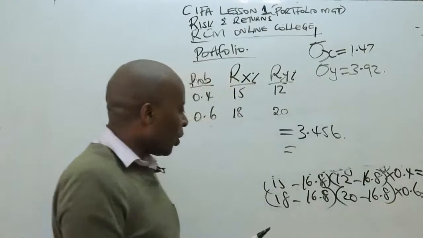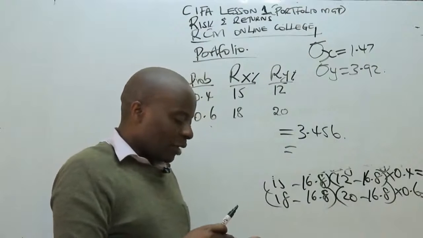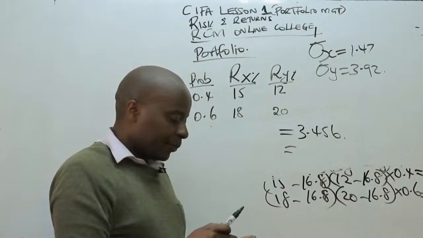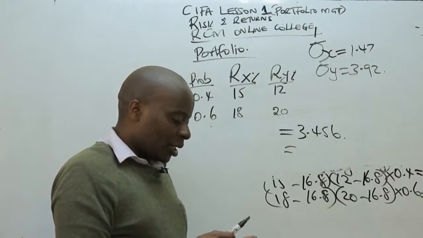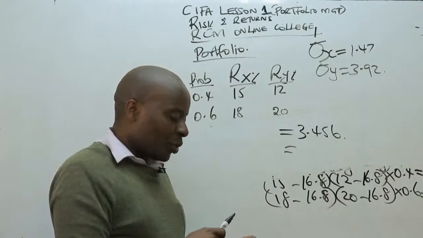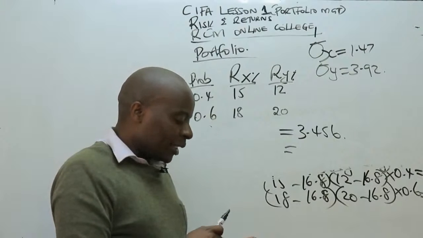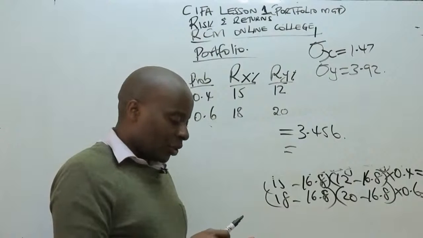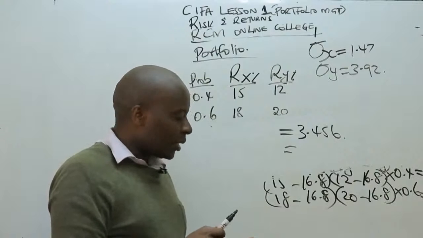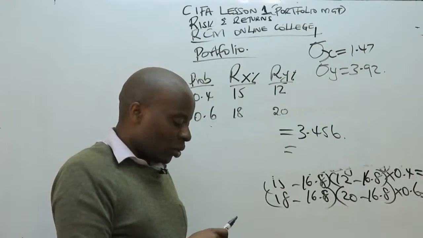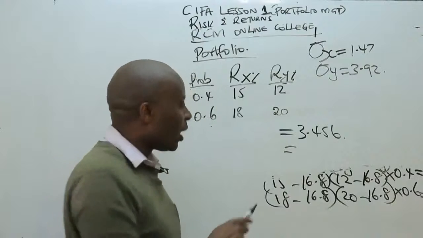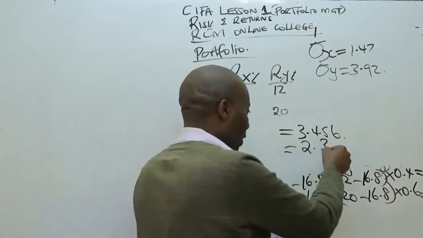Come and pick the second one there. The second one, what do we have, ladies and gentlemen? We have open brackets, 18 minus 16.8, close brackets, times, open another bracket, here we have 20 minus 16.8, close, times 0.6 probability equals, I'm able to get 2.304.